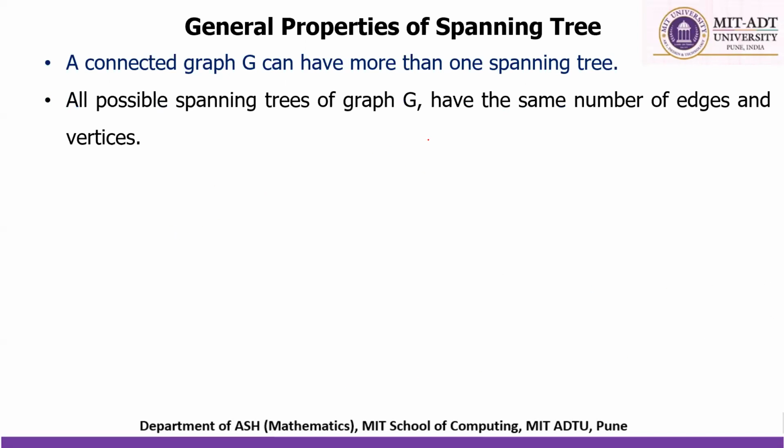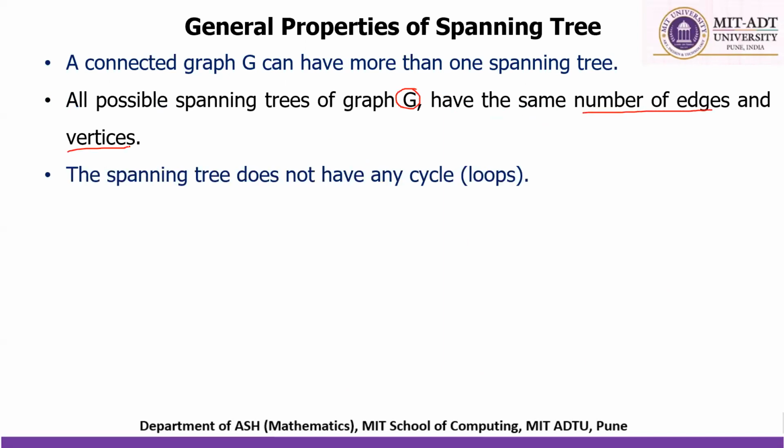So if we get any spanning tree of any graph, the total number of edges and vertices should be the same. The spanning tree does not have any cycle because this is a tree. So a tree is free from cycles or loops or any self loops or any circuits.